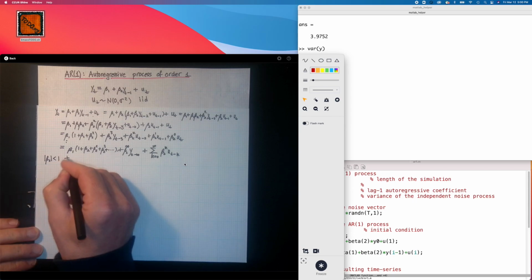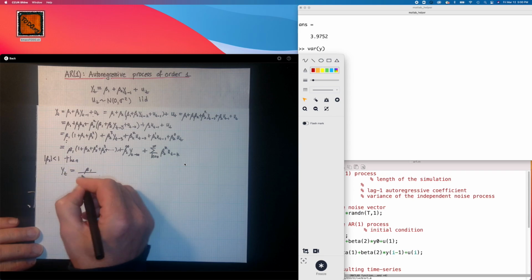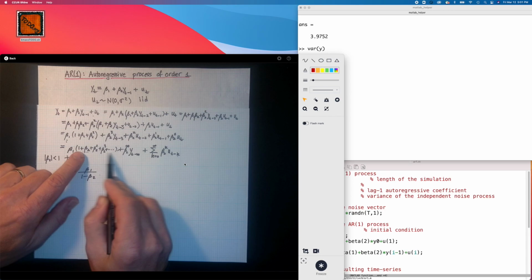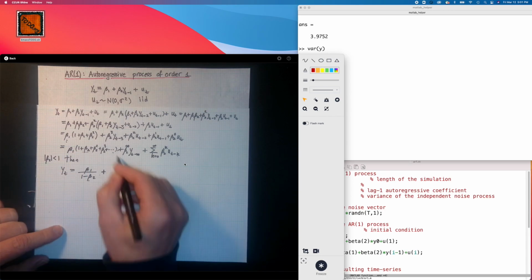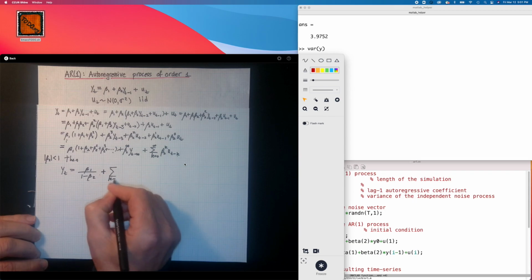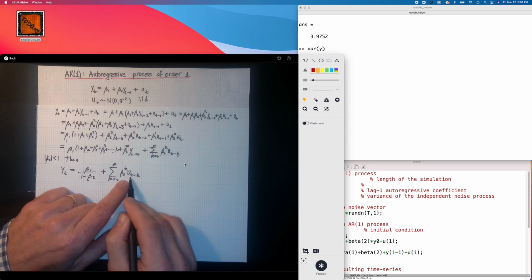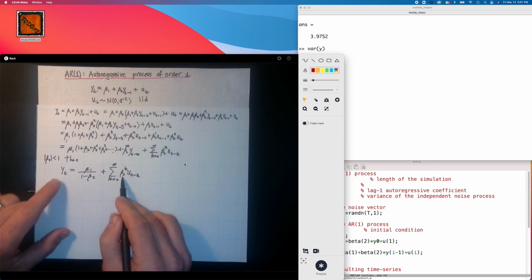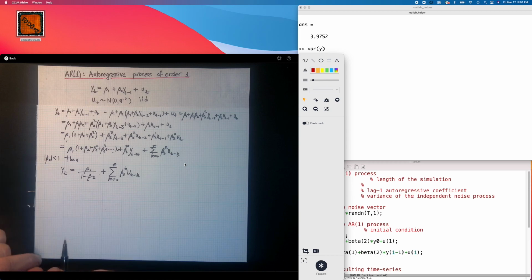So then y of t is equal to beta 1 over 1 minus beta 2, that's the sum of this series, is 1 over 1 minus beta 2. This term vanishes, and then we have the sum. So you see that the random perturbations from far back in time have decayed a lot by the time we get to time t, because they're raised to the power k. And this beta 2 is less than 1, so they damp out.